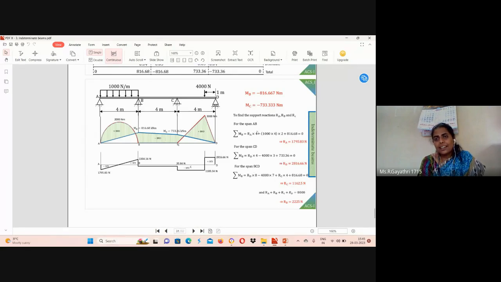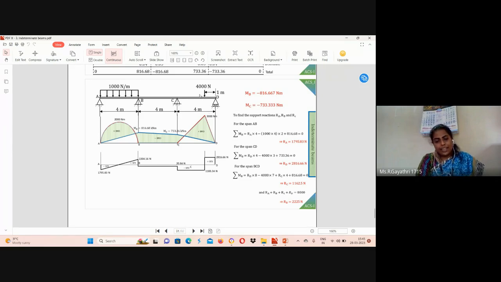Similarly, over span AB, we can find bending moment. First we can proceed from D. RD value is positive 2816.66. Next we can see minus 4000.